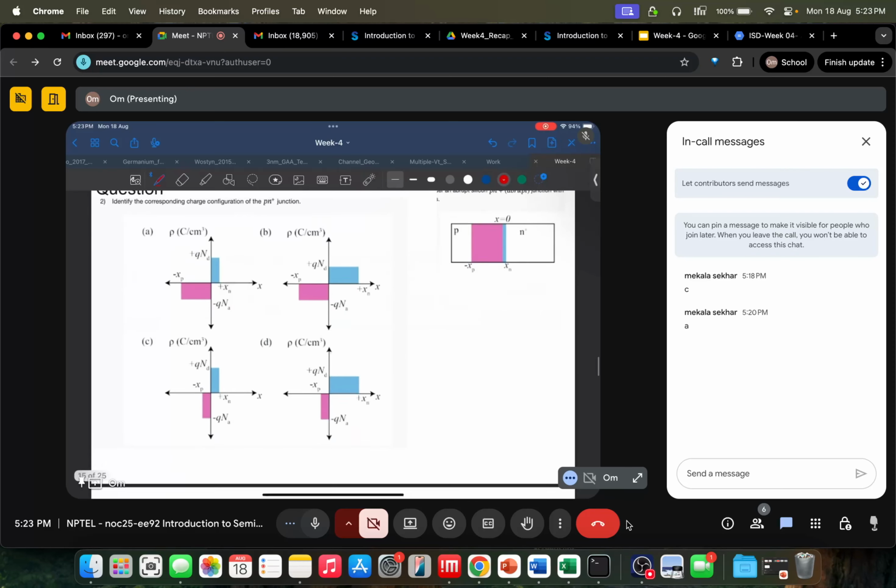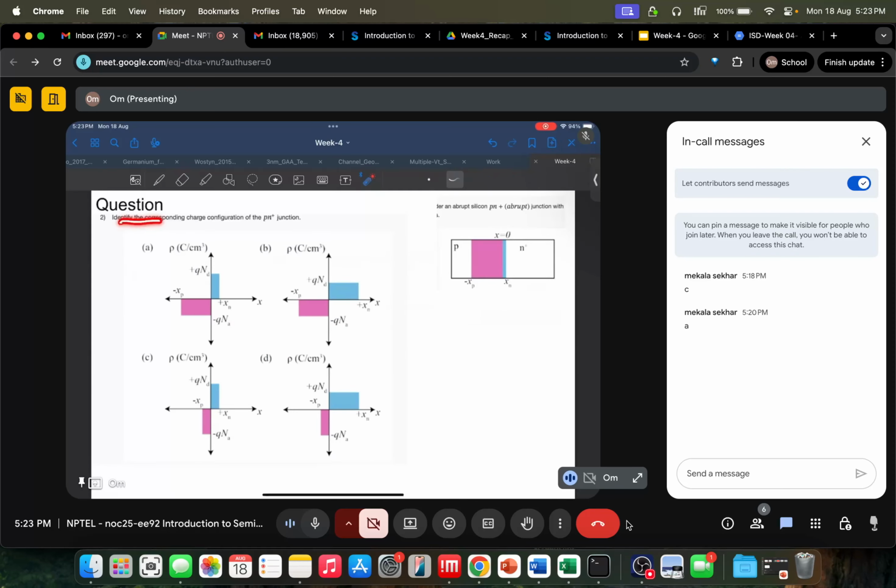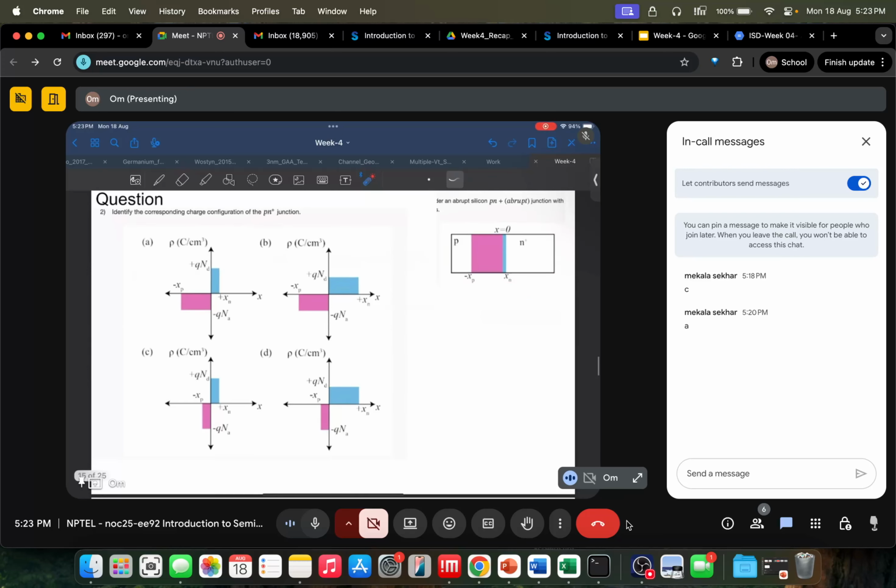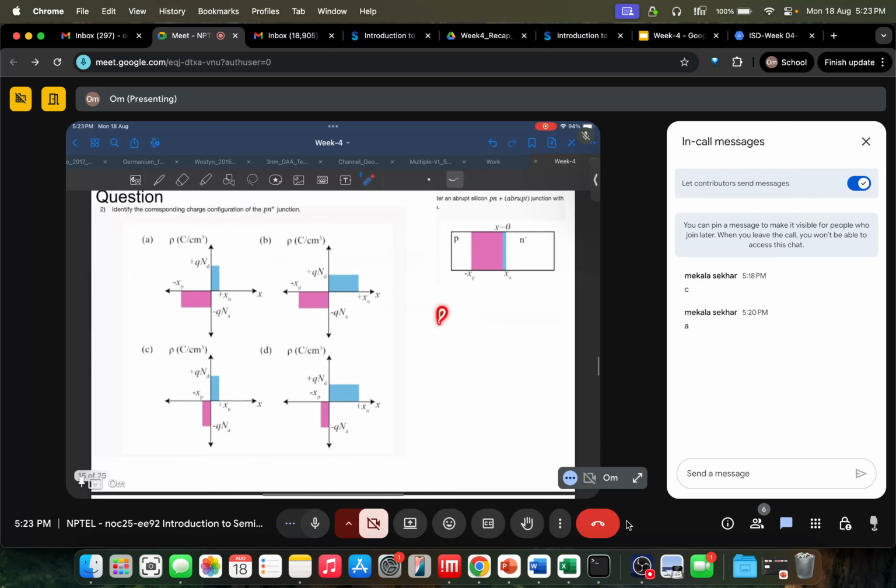Now the question is: identify the corresponding charge configuration of the P N plus junction. So for this junction, we have to draw the charge density diagram, rho versus x. So which of these is the answer?